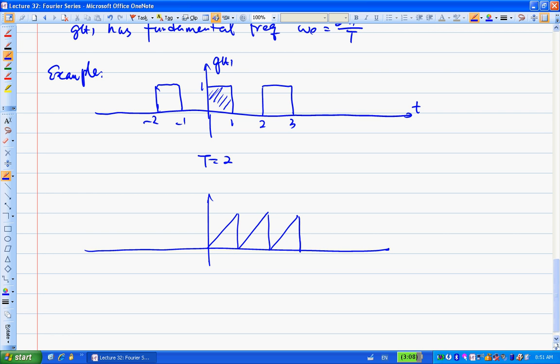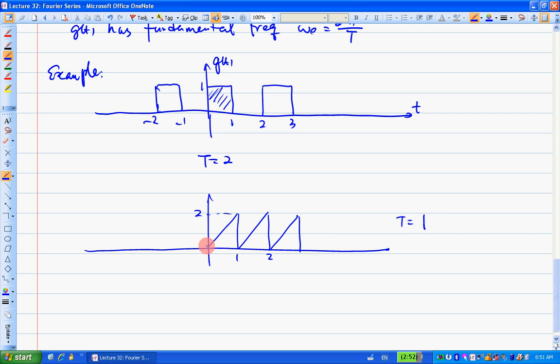If this is 1 and this is 2, and here this is 2, what will be the period of this function? T will be 2, right? Because it's repeating itself like this.